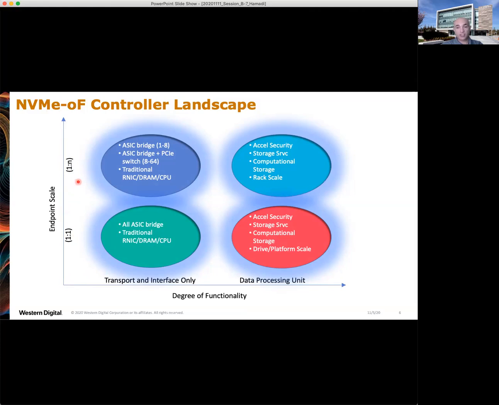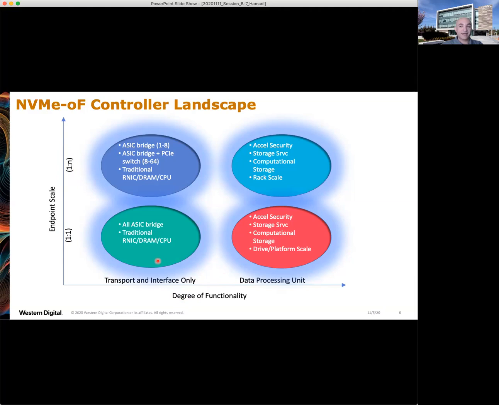The typical range that we see is anywhere from 4 to 16 drives per controller. In both cases, you scale by adding more instances of the one-to-one controller or more instances of the one-to-n controllers, depending on the degree of functionality you're looking for.